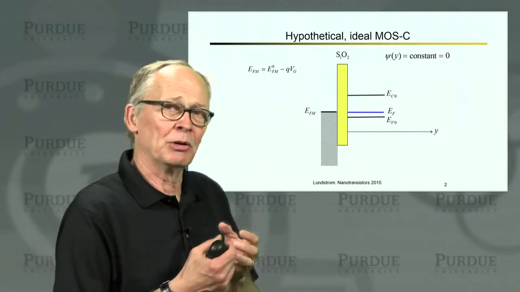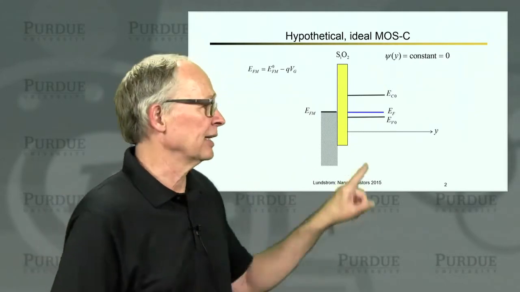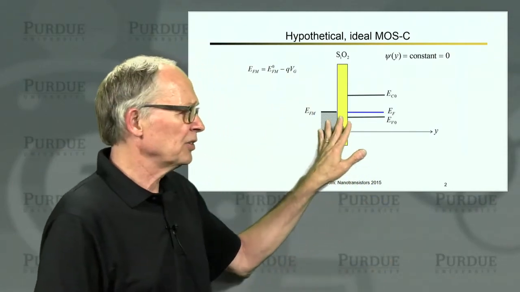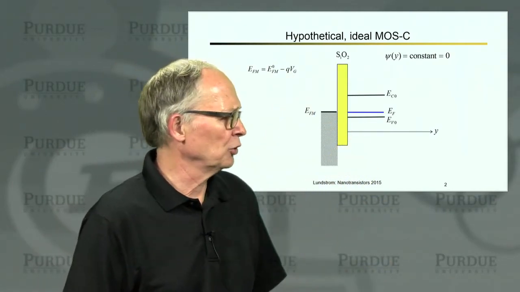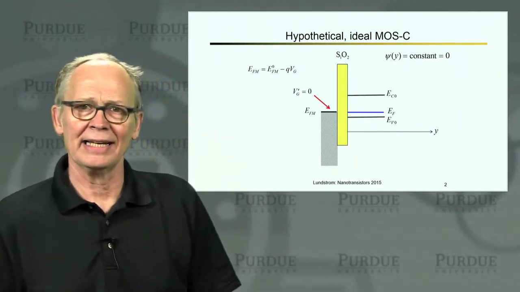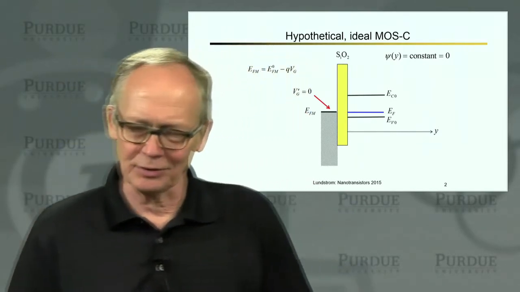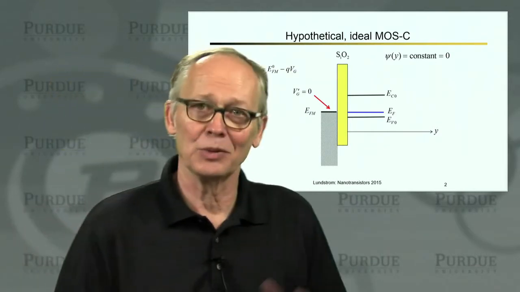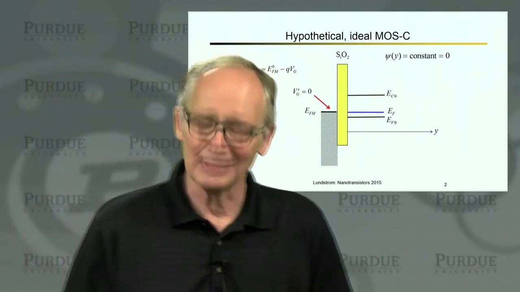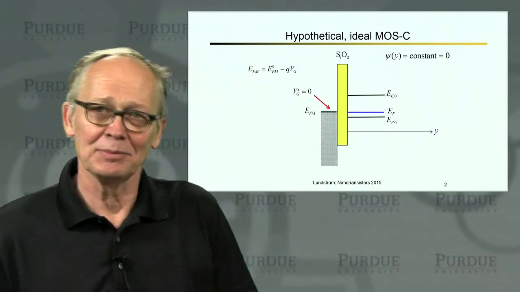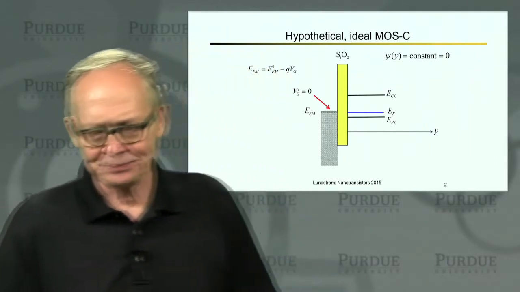And then when you apply a positive voltage to the gate, you lower the Fermi level in the metal. So this is a situation where we've been assuming that there's no voltage applied to the gate, and that the Fermi level just happens to line up with the Fermi level in the semiconductor. Well, what are the chances of that? Not much. But it made everything conceptually easy to explain. Now we have to fix that.